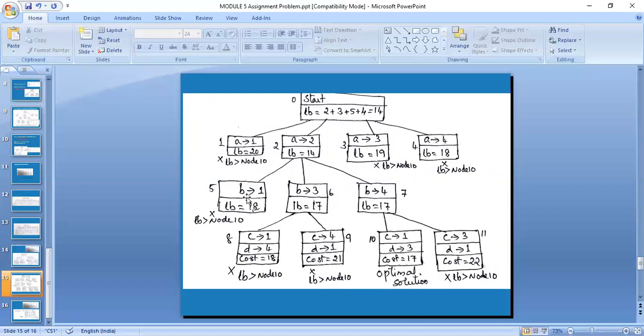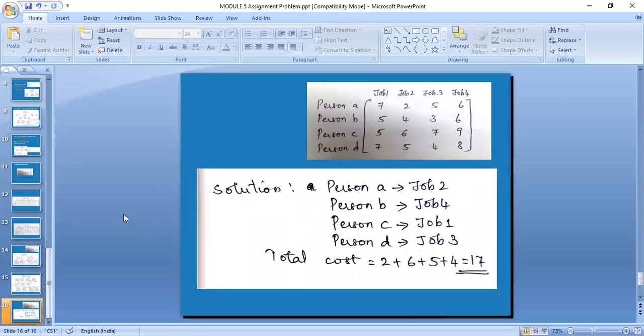Or else, if it is less than, then you need to generate these nodes also. So this is another example which I have given to you. At the end of this chapter, we will be discussing this problem, and you need to work it out and check how we obtain the solution with the optimal value.